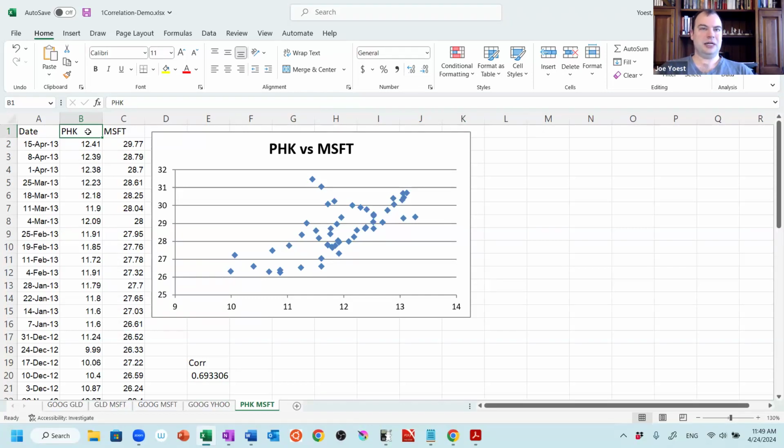When one is high, the other tends to be low and vice versa. I thought they would have a negative relationship if they had a linear relationship at all. And interestingly, that's usually true, but this is PIMCO's high yield portfolio. So this is debt for companies that are kind of not in the best financial situation.